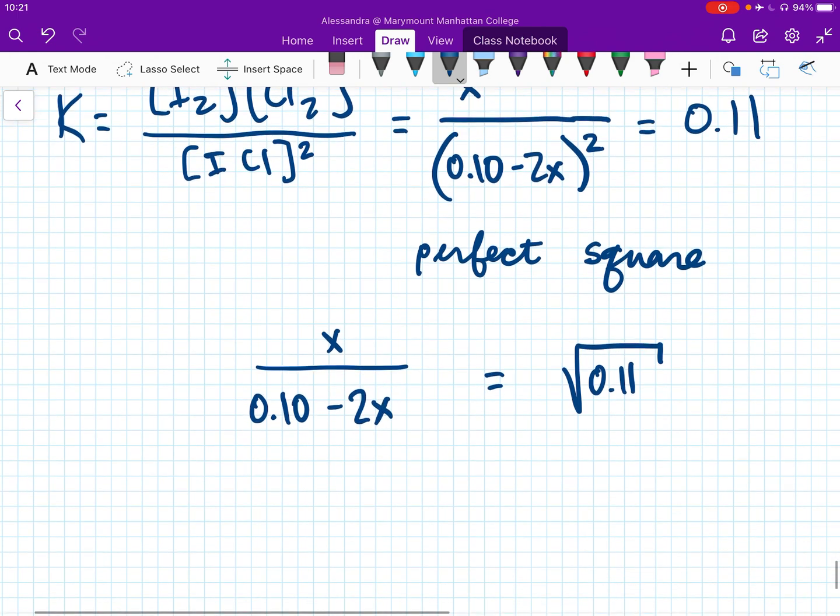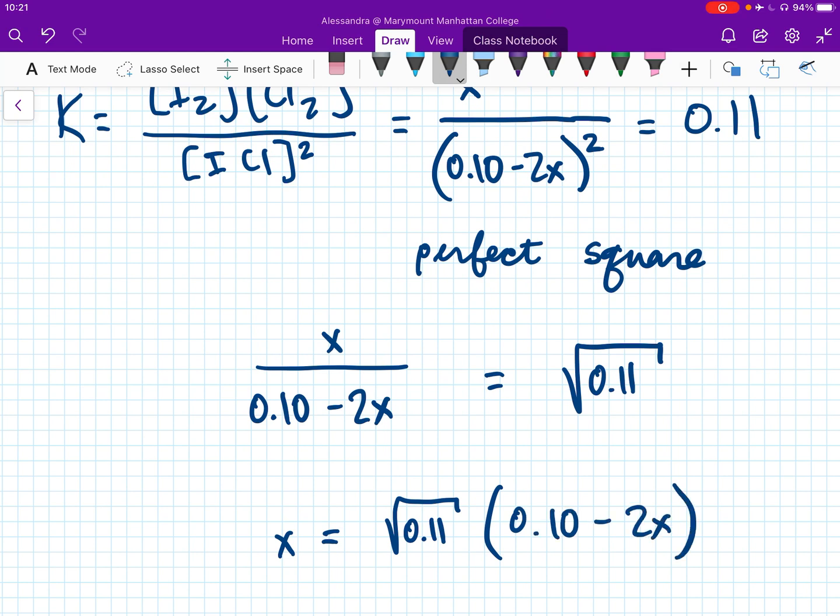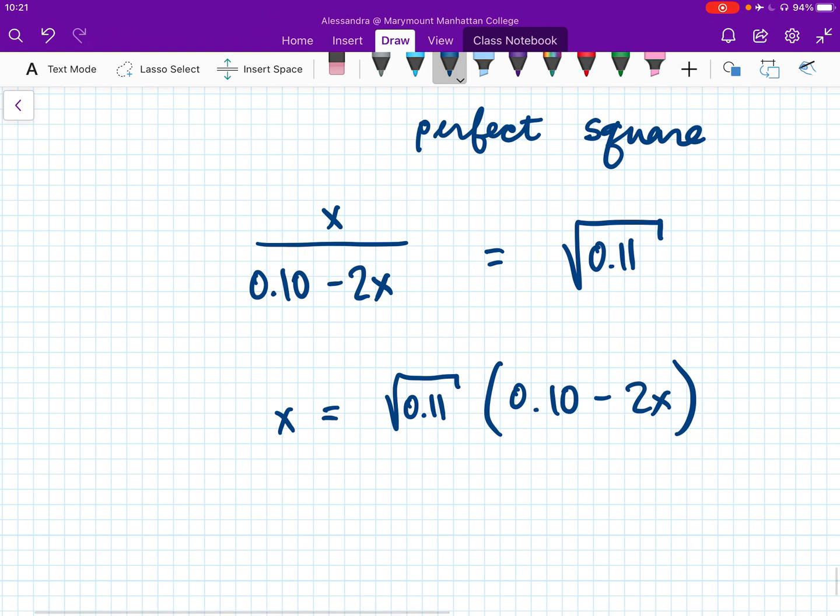And now it becomes very easy to solve for x. x is equal to the square root of 0.11 times 0.10 minus 2x. You can distribute the square root of 0.11 through both of those terms on the right side and solve for x. x is equal to 0.020 if you isolate it on one side of the equation.